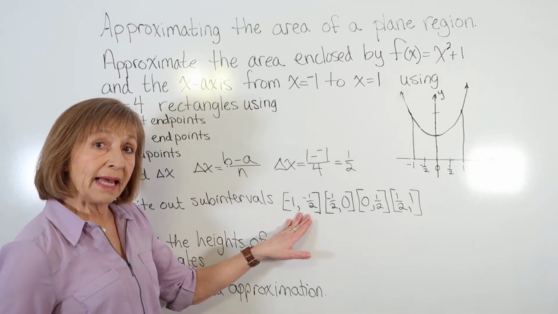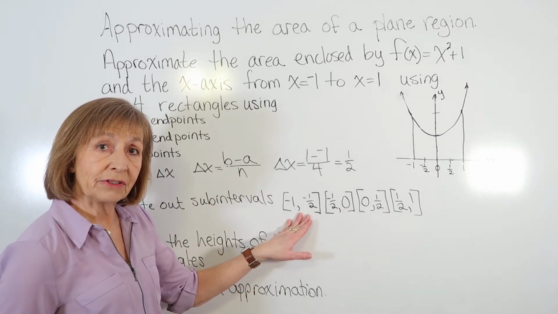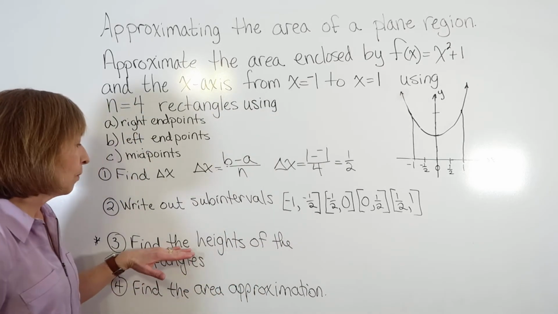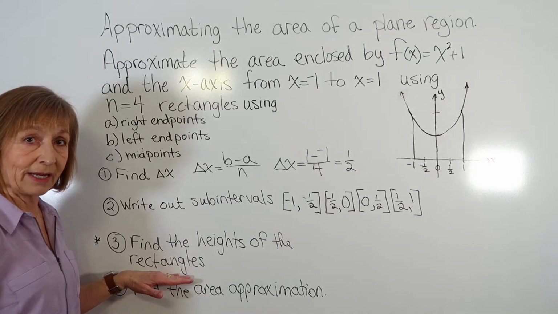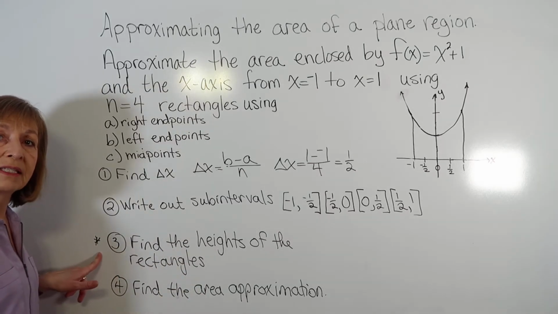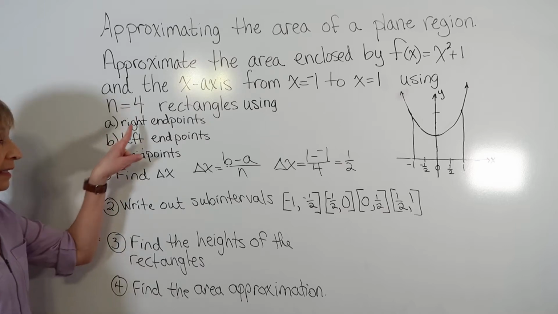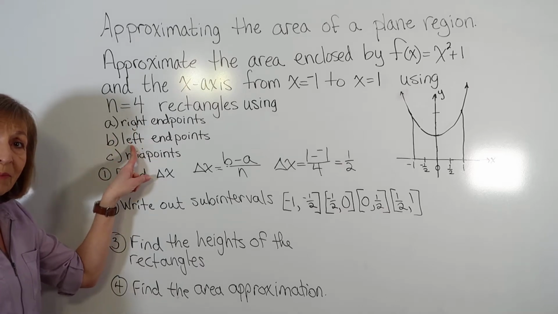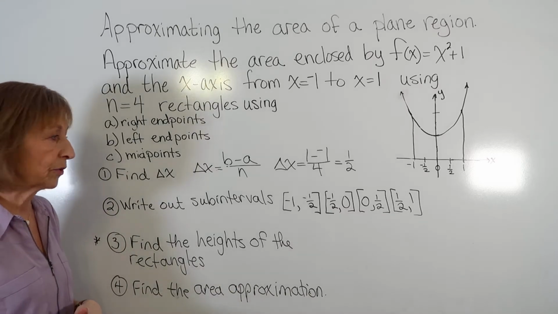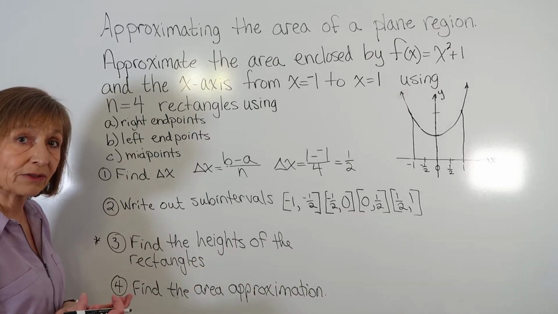Now once we have these subintervals, then we're going to look at what we would do for the heights of the rectangles. And this has an asterisk because whether we're doing the right endpoints or the left endpoints or the midpoints determines how we get the heights of our rectangles.